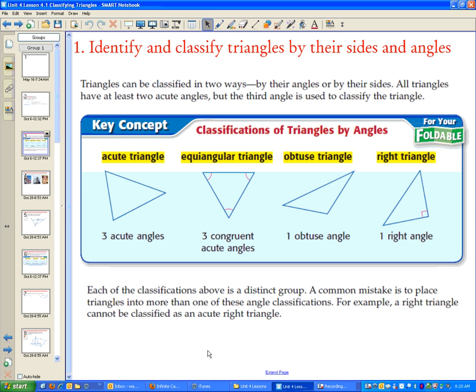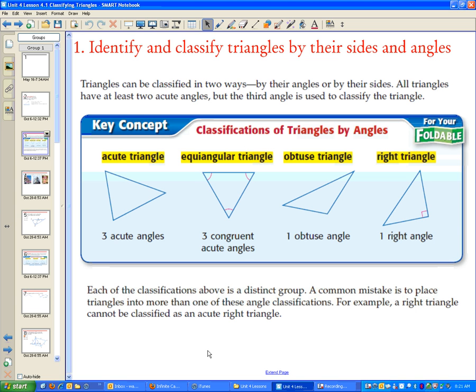All right, now, we can classify triangles two ways, by their angles or by their sides. All triangles have at least two acute angles. Later on, we'll learn some facts about triangles that will prove mathematically why that has to happen. But think about it. If you take three segments and connect them together, go home and try it out if you don't believe me.